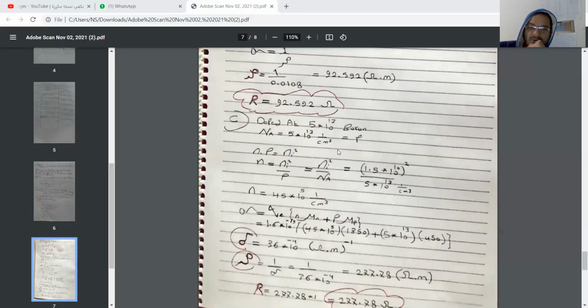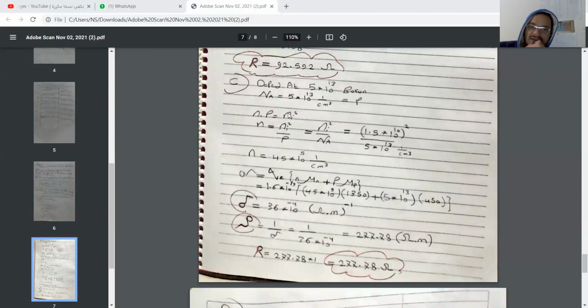Now doped with boron, which belongs to group 3. That means the concentration equals Na, and the majority and the minority equal 45 exponential 5.